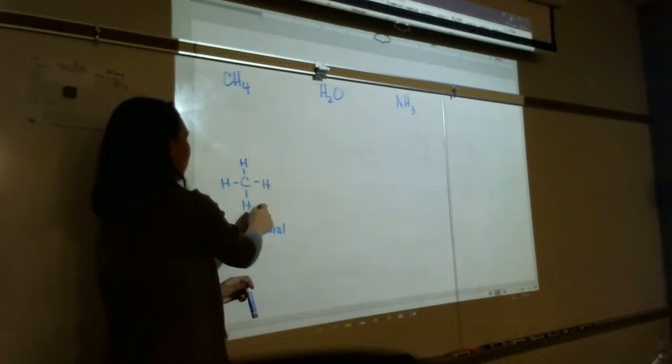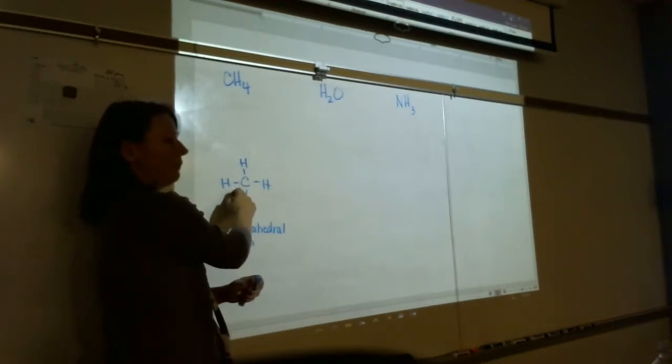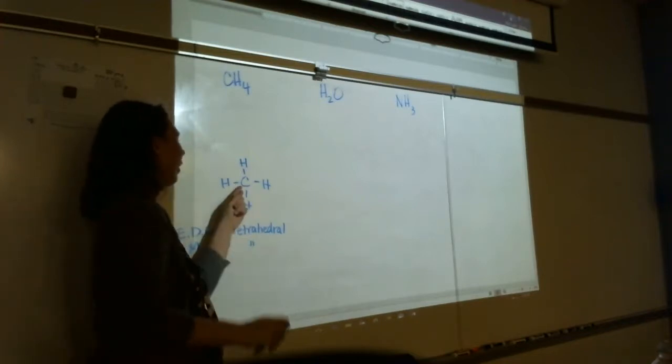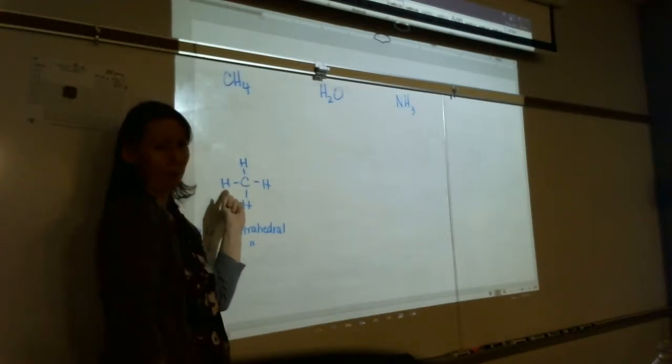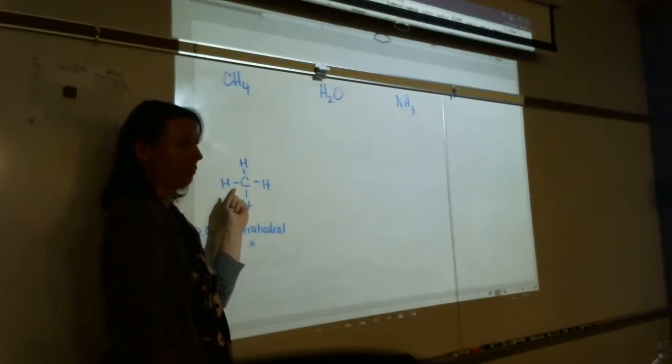All of these bonds are carbon-hydrogen bonds, right? The electronegativity of carbon is virtually the same as the electronegativity of hydrogen. If you look it up in your chart, I think carbon's 2.4 and hydrogen's 2.1, I'm pretty sure. So the electronegativity difference here is like 0.3 or 0.4.